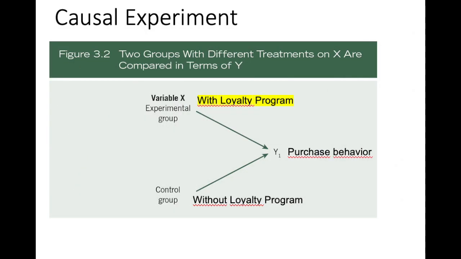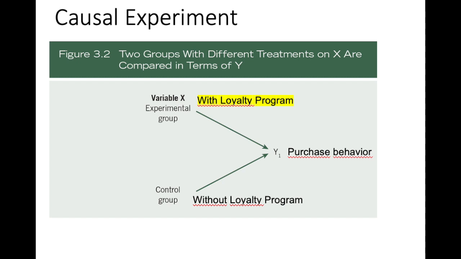Another method in quantitative research are causal experiments, where two groups with different treatments on X are compared in terms of Y. For example, you can see here variable X is the experimental group with a loyalty program, and the control group is without a loyalty program.